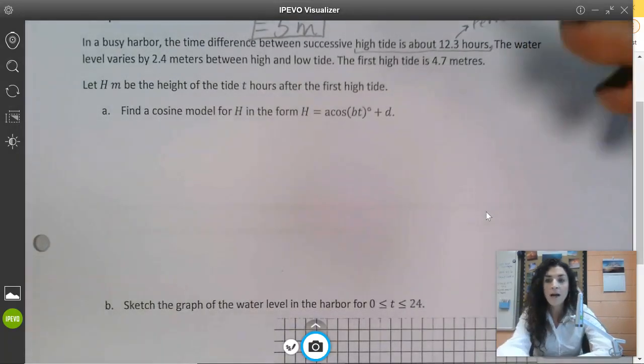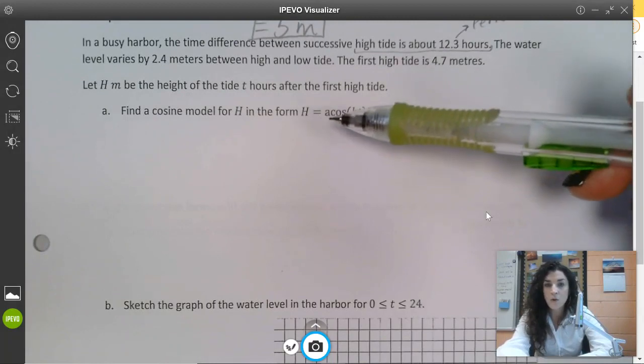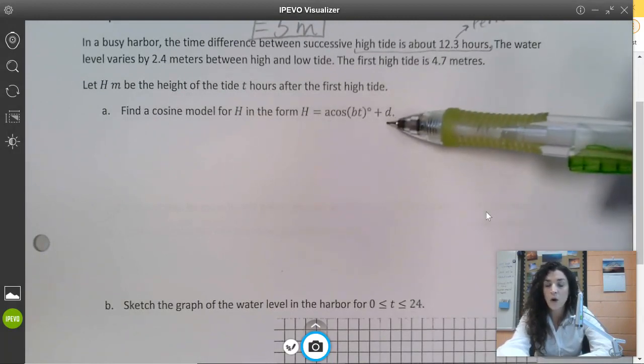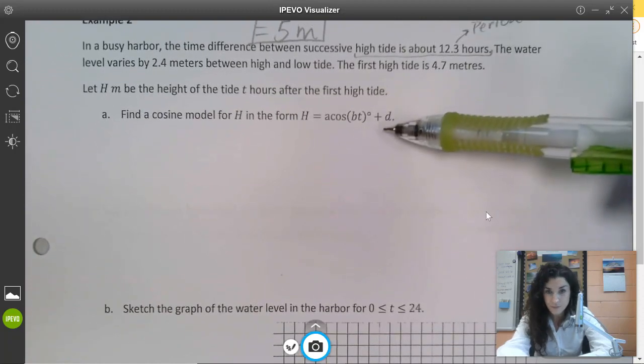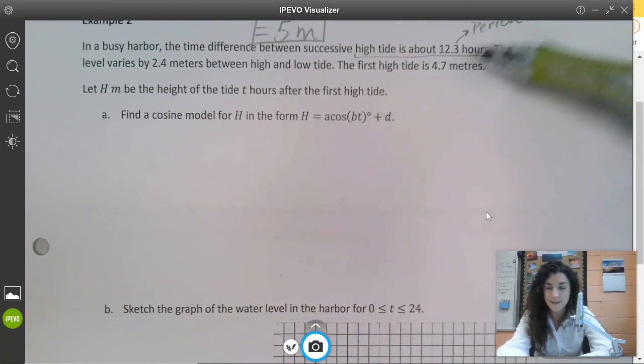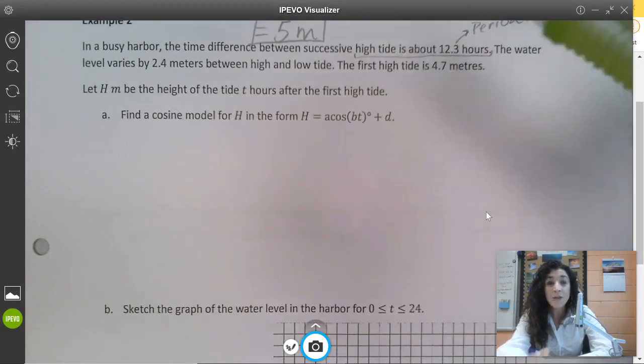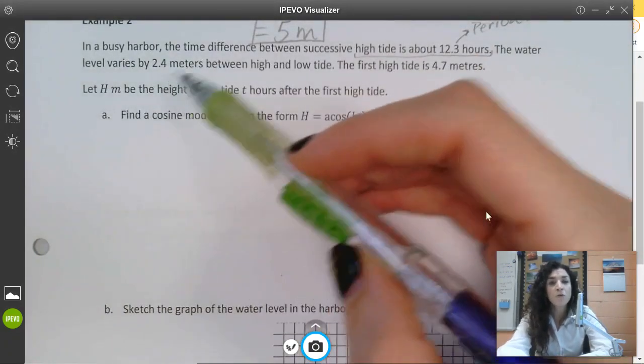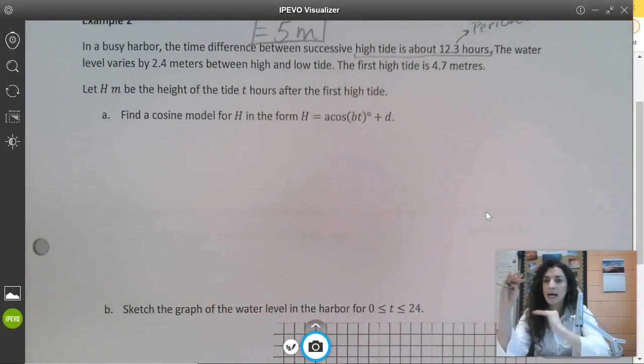Next, I'll need to know what my amplitude is and what my principal axis is. Looking at this information, 2.4 meters between the high tide and the low tide, which means the distance from the high tide to the low tide is 2.4 meters.